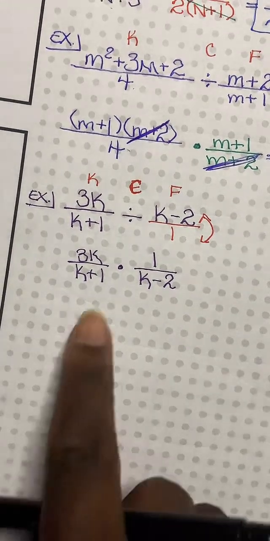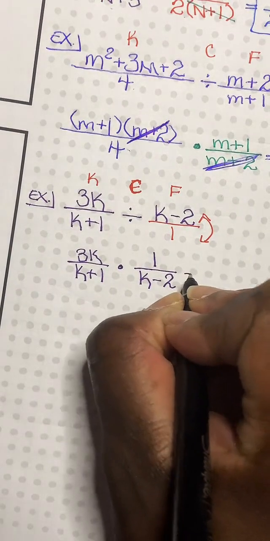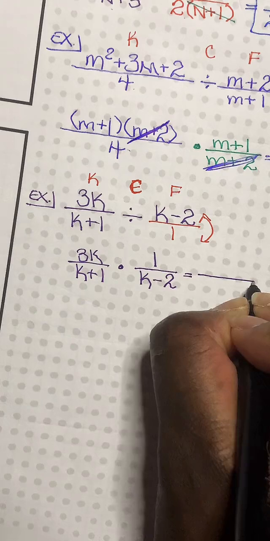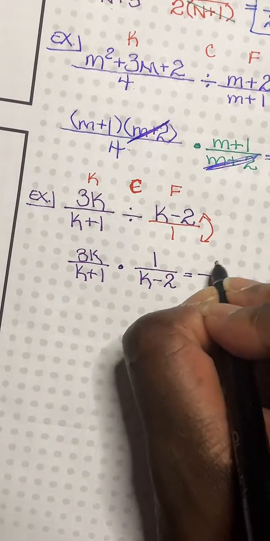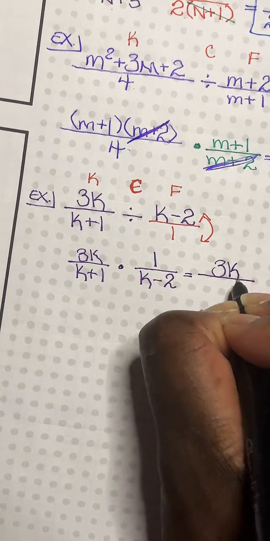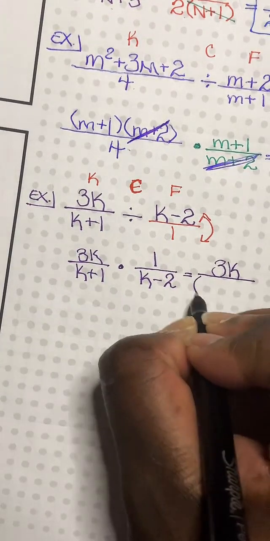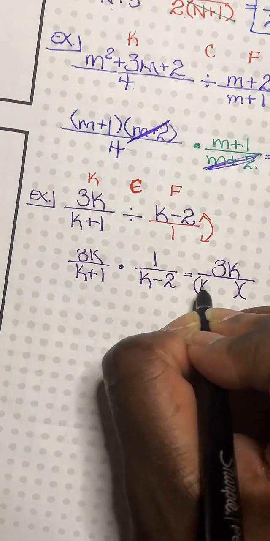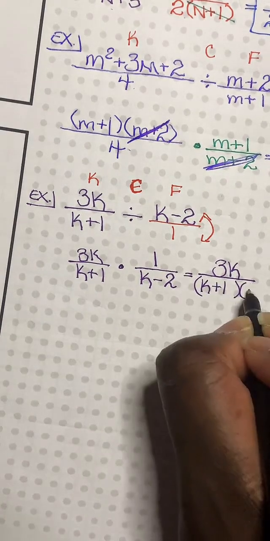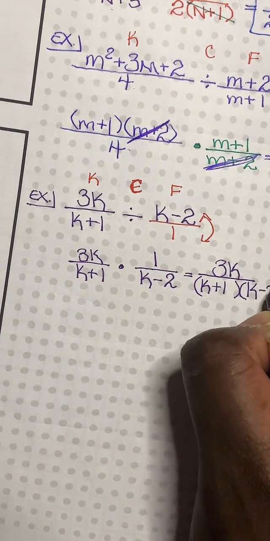All right. So now, multiply everything straight across. Anything multiplied by 1 is itself. And then you have your two products. You have your k plus 1 and your k minus 2.